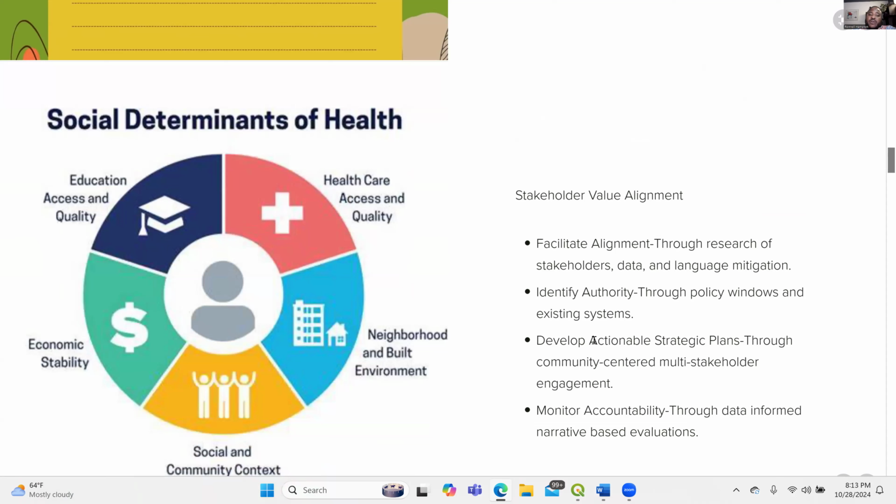In our course this semester, we've really been looking at social determinants of health in relation to neighborhood and built environment, social and community context, and economic stability. We have lectures that explain the different principles across these social determinants of health and some of the target goals and outcomes intended for these areas.